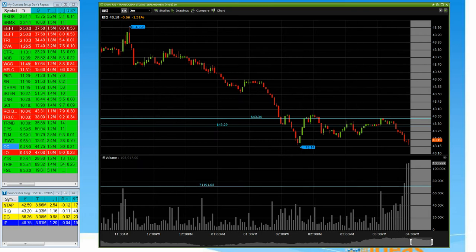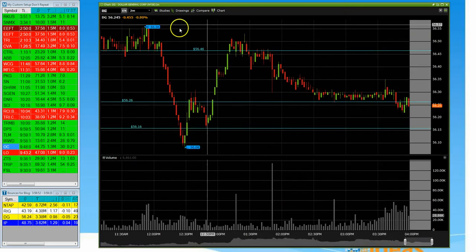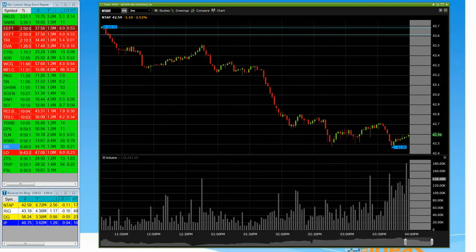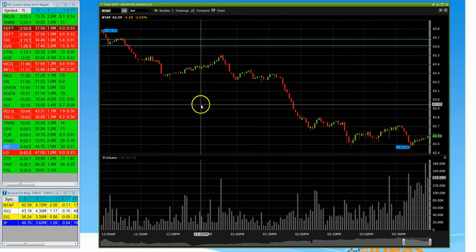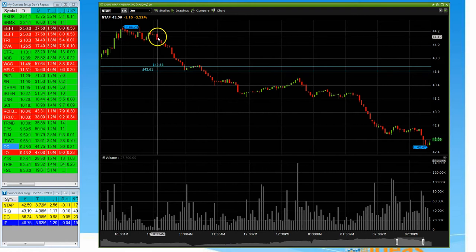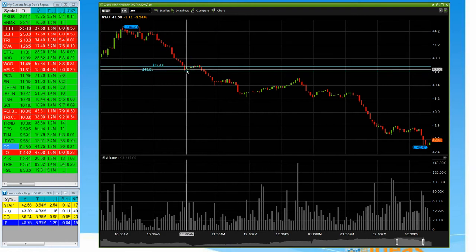And then the last trade I took was Dollar General. So now this one I liked a lot better because, if you look at the other ones, let's just take a look at NTAP. This move down here wasn't that much.